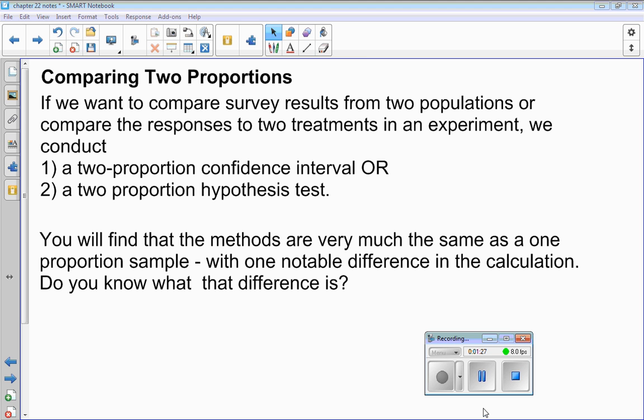For a confidence interval, you're still going to find your statistic, and you're going to add or subtract your margin of error. It's just that some of the formulas are a little bit different. The notable difference in the calculation is that rather than one sample, you have 2. So we're going to be looking at the difference between the 2 samples. That's really the only difference between them.